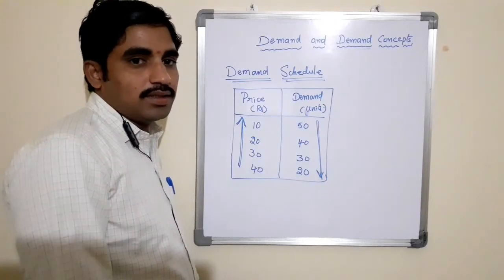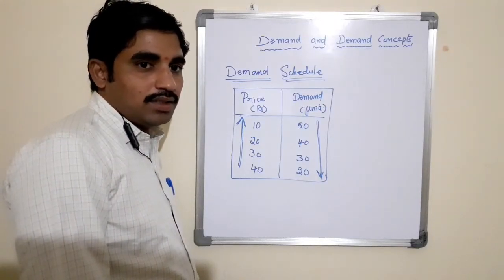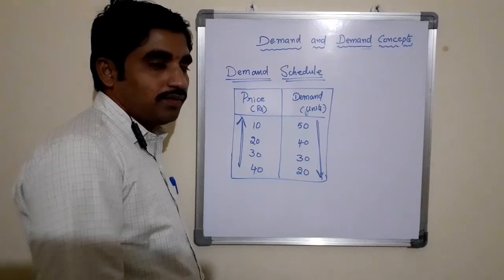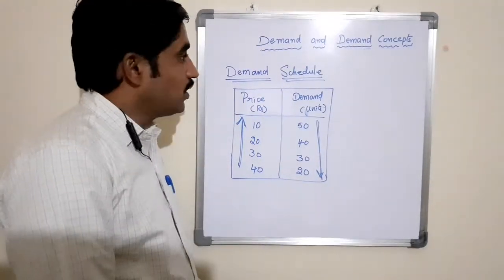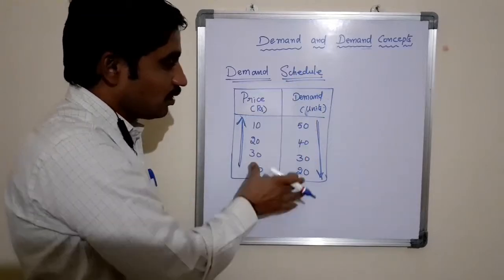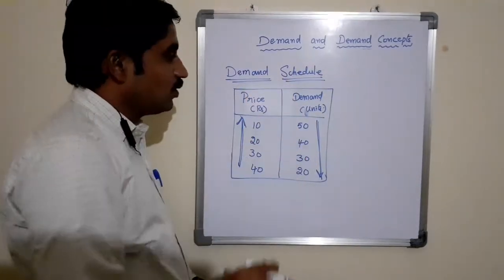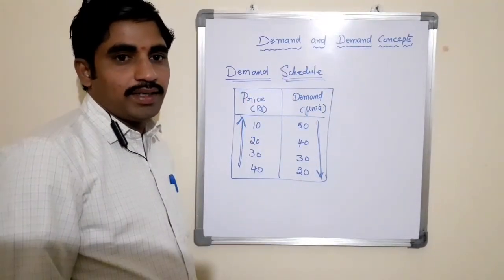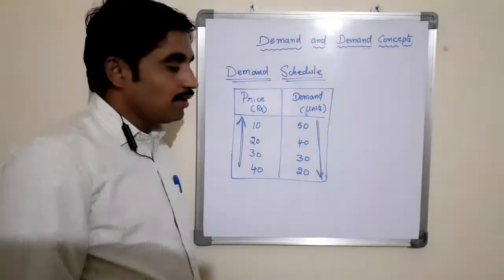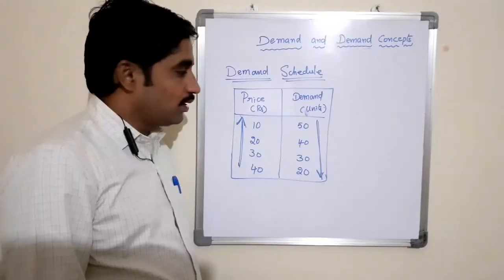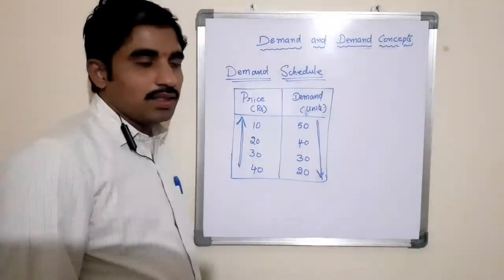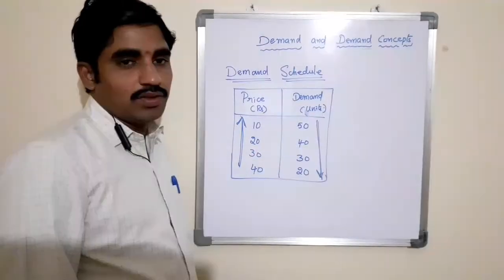There are no changes in other determinants of demand, then this law of demand holds good. So the demand schedule is the tabular format which shows the price of the product and the quantity demanded of a commodity in one table.